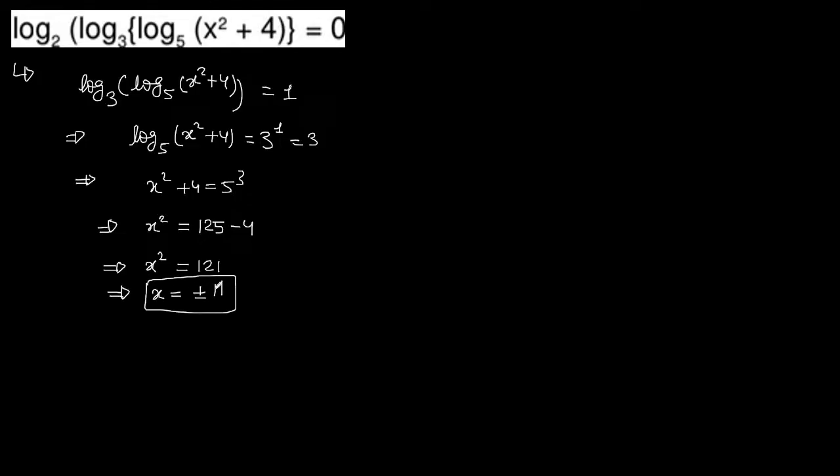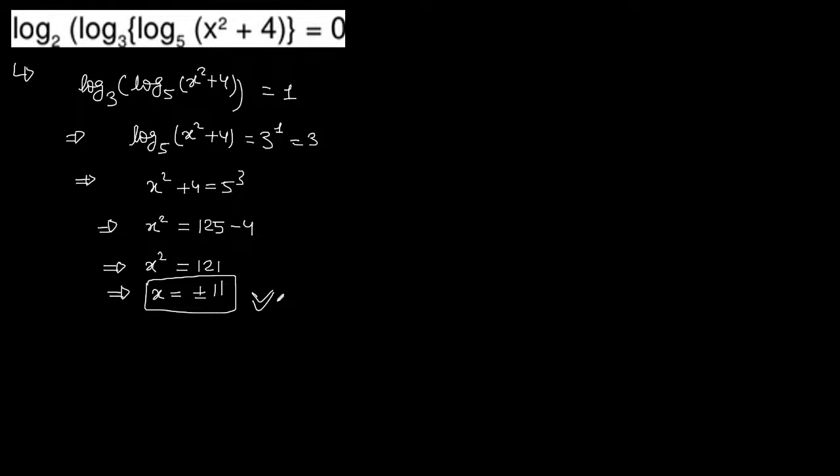We will try to put x equal to plus minus 11 in this equation. We'll get 121 plus 4, 125. So log 125 base 5, from here we'll get 3. The outcome will be 3. So log base 3 is 1 and log 1 base 2 is 0. So both the values are satisfying the equation.